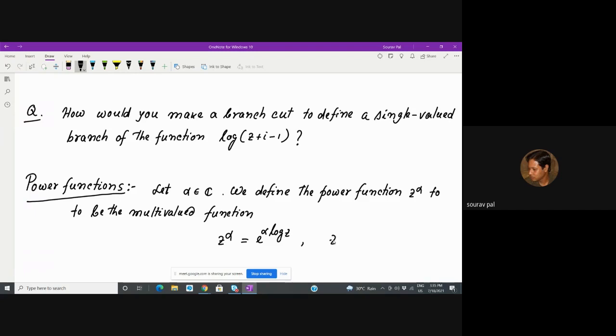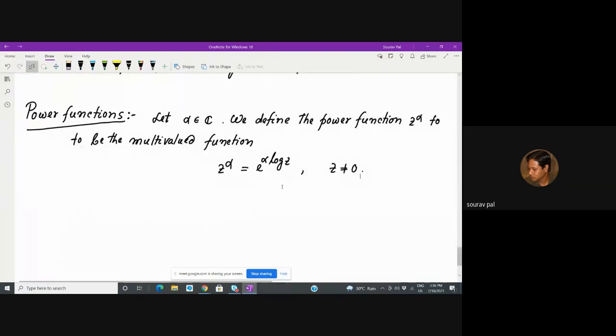Whenever you talk about log z, z is non-zero. If we define it this way, it is definitely a multi-valued function because log z is involved, and we have seen a lot of branches. Accordingly, we can talk about the branches of z to the alpha.